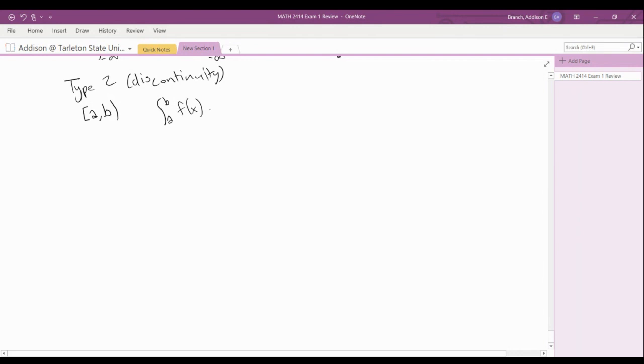There's a discontinuity at b, so we can't actually solve for our true bounds at b. So we can approximate at b by taking the limit as t approaches b from the negative, since that's the side closest to a, of the integral from a to t of f of x.